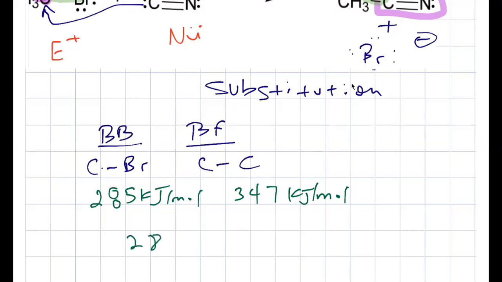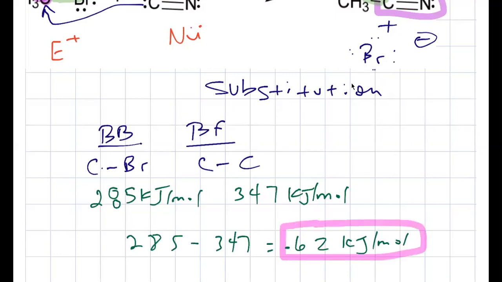It's 285 minus 347. 62 kilojoules per mole. And is what? Negative. Is that right? Yes. Okay, what can you tell me now about that? Now this is delta H. Keep that in mind. It's exothermic. Exothermic, very good.